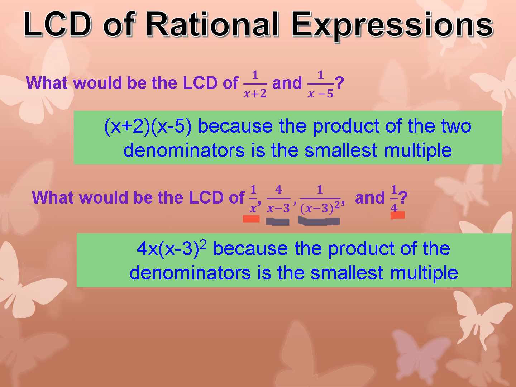If this was 3 and 3 squared, which is 9, 9 would be the LCD because 3 goes into 9. So in this case, we're just going to say that x minus 3 squared is the common denominator between those two because x minus 3 is already in x minus 3 squared. So that's why we only list x minus 3 squared, because x minus 3 is already a factor here. It's already taken into account.